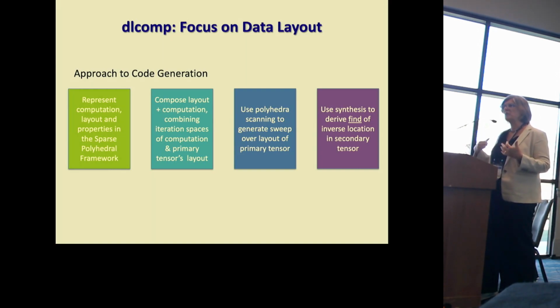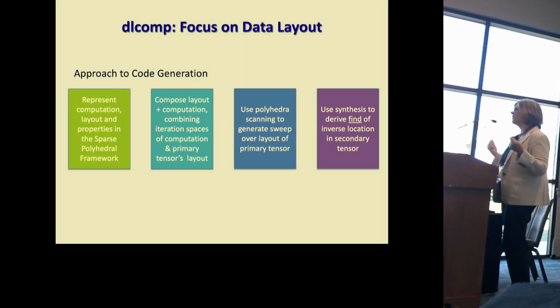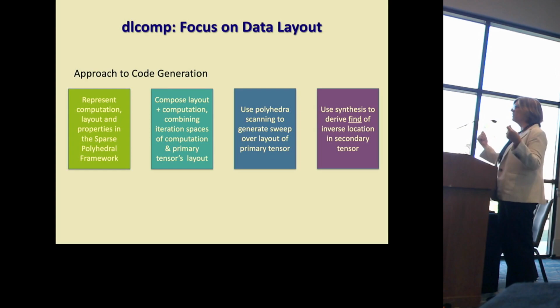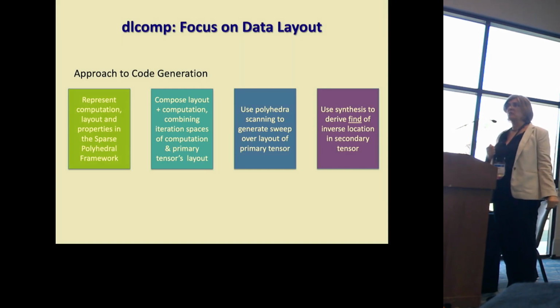And the sparse polyhedral framework is a polyhedral framework that includes uninterpreted functions for the values you don't know until runtime, the things that give you the mapping, the start of a row, or which block you're in, or the mapping from the physical to the logical iteration space. So that's how we're going to represent the problem, and we're describing layouts in the sparse polyhedral framework as well.